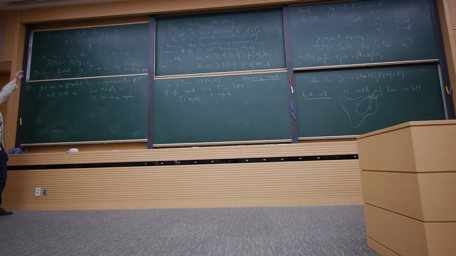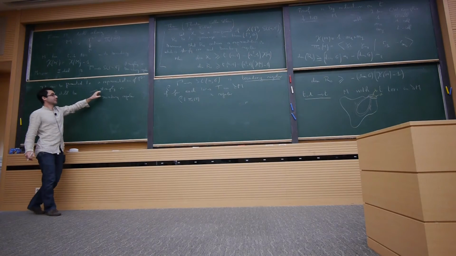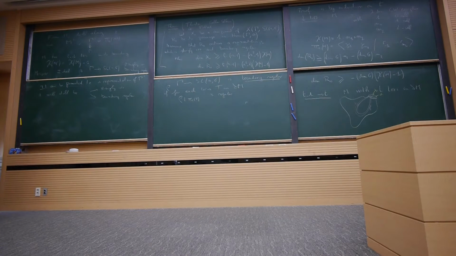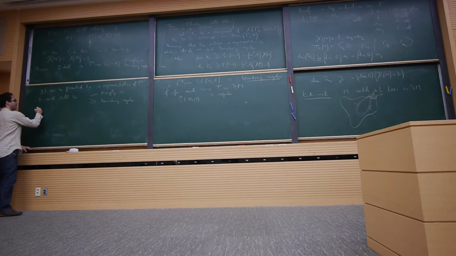You have M prime with t minus 1 tori, and you have a representation that is strongly irreducible and boundary regular for the PSL of M prime, so you can use the induction hypothesis. So, remark.